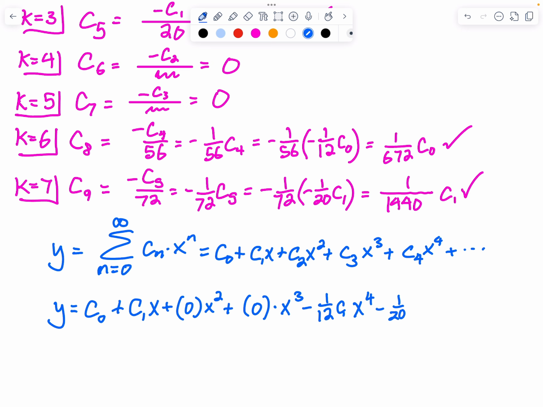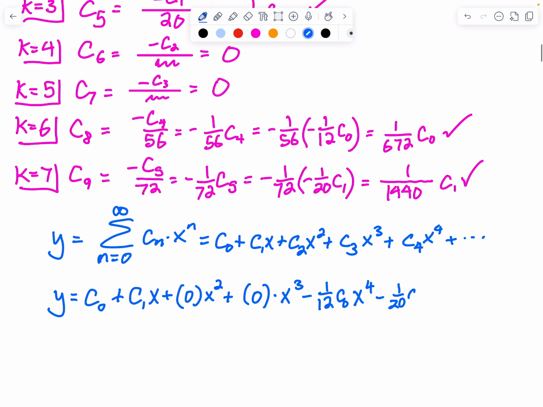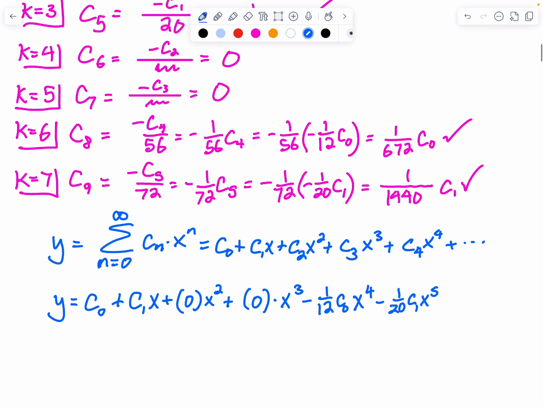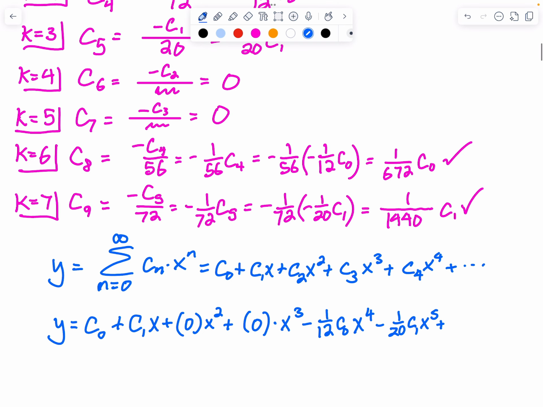And then negative 1/20th C1, x to the fifth. Then plus 0 times x to the sixth, plus 0 times x to the seventh, plus 1 over 672 C0 x to the eighth, plus 1 over 1440 C1 x to the ninth, and this goes on forever.